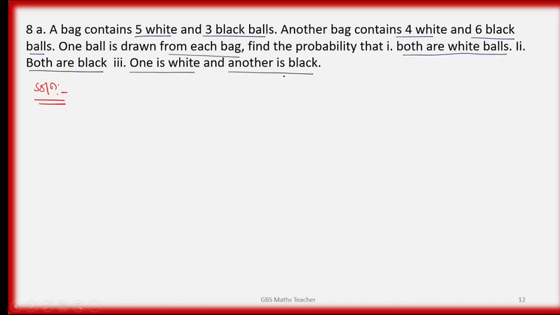So, dear students, bag first: 5 white balls plus 3 black balls equals 8 balls. Then bag 2: 4 white balls plus 6 black balls equals 10 balls.